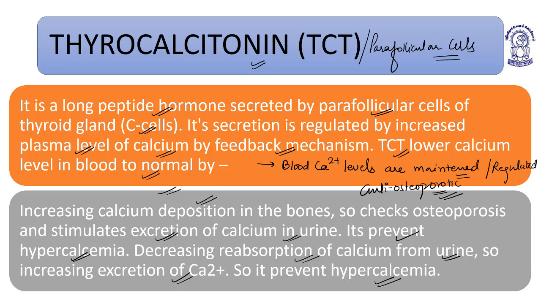In the structure of the thyroid gland, when we cut a TS or transverse section, you can see these are the follicular cells. This is the follicular antrum or colloid.